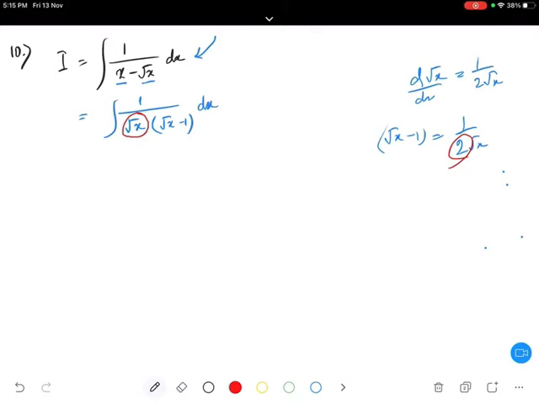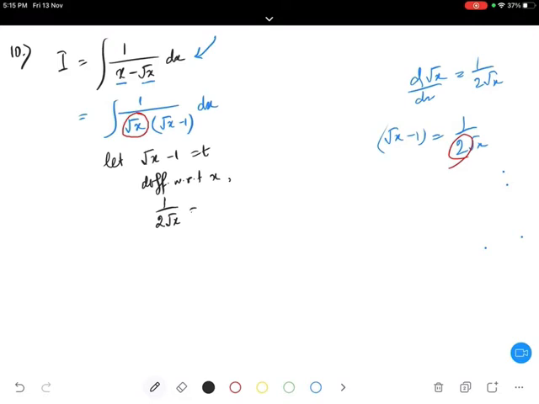And once I see the derivative of root x minus 1 is there, we can use the method of substitution. So I will write here, let root x minus 1 is equal to t. Differentiating with respect to x, we get, the derivative of root x minus 1 is 1 by 2 root x. We know the formula.